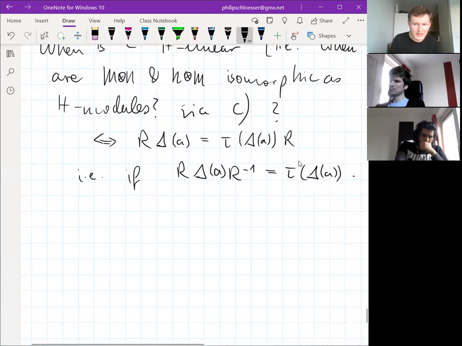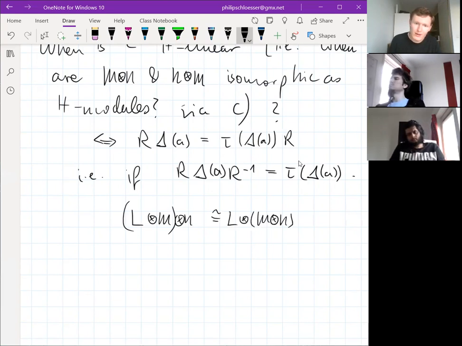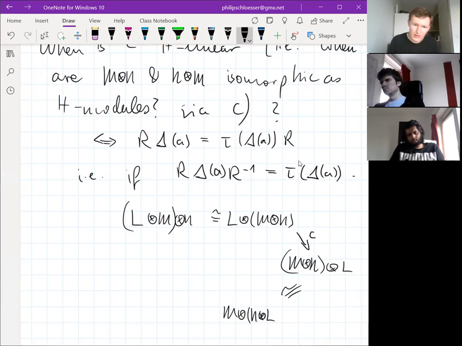It's what's called the hexagon identities. We want L tensor N swapped one way, then we can apply the associativity. Then we can map with C. This changes the two things, M N L. Then we can again apply associativity, M tensor N tensor L. Then we can map with identity tensor C, I guess in that direction.